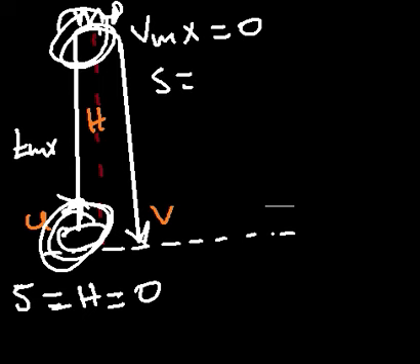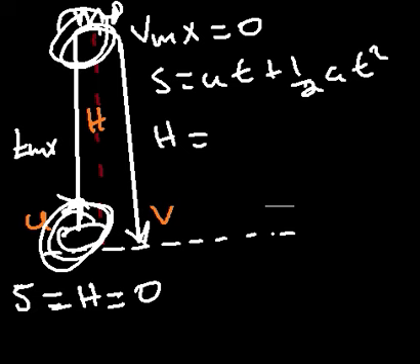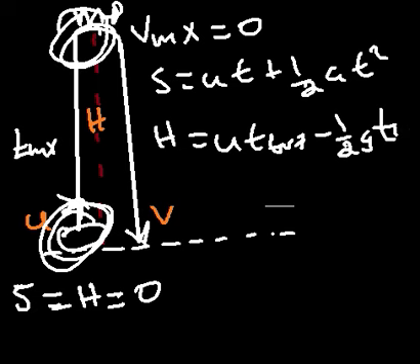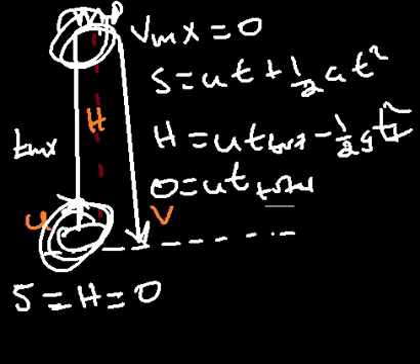We use the formula displacement s = ut + half at squared. Here it becomes 0 = u t total minus half g t total squared, because the displacement is 0.